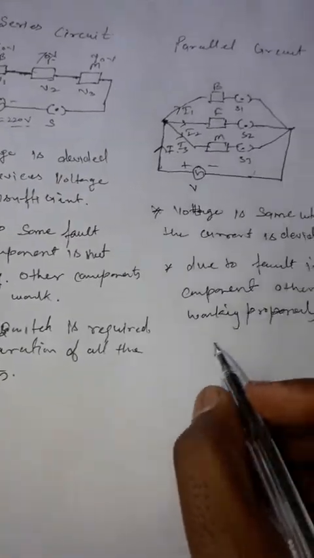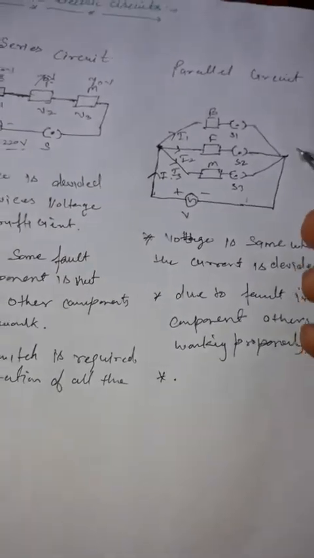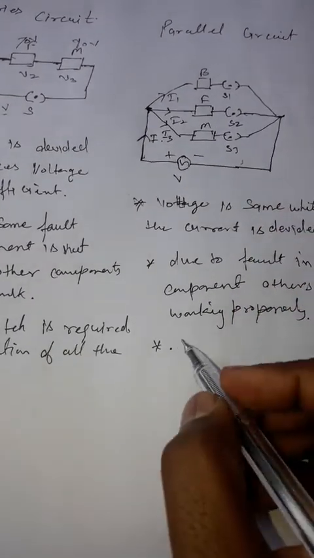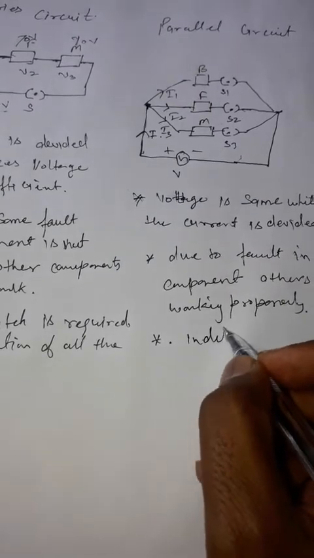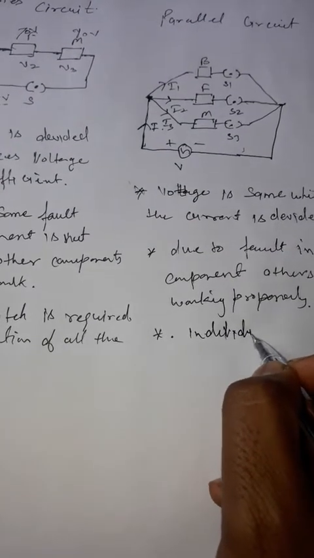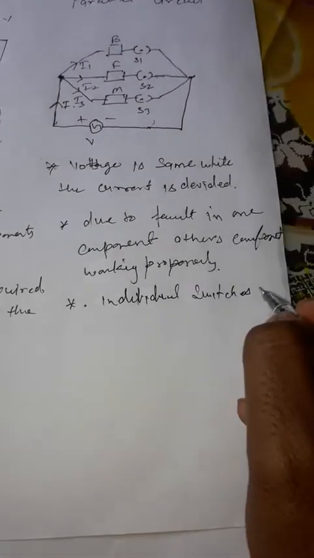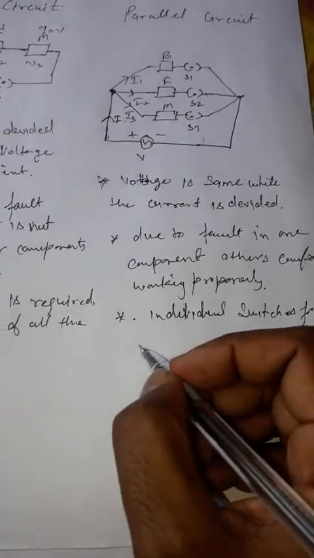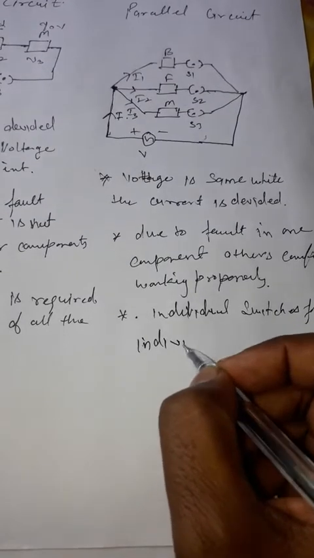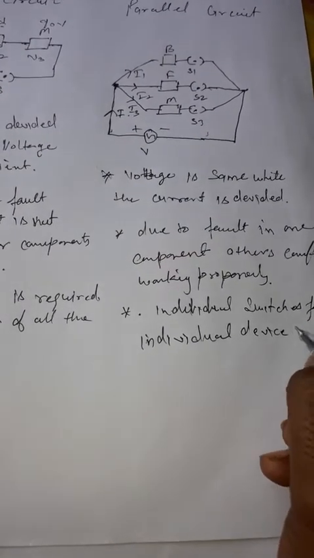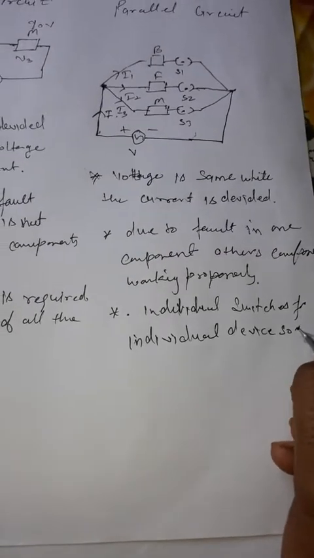In this case, as we know that there are different switches for different devices, so we can say there are individual switches for individual devices.